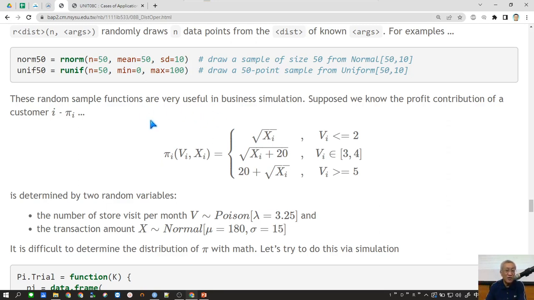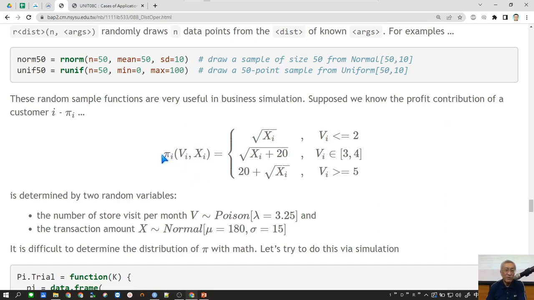You have two random variables whose distributions you know, but what you really want to figure out is a business quantity like pi, whose distribution you do not know.